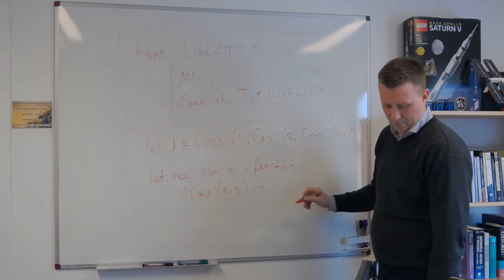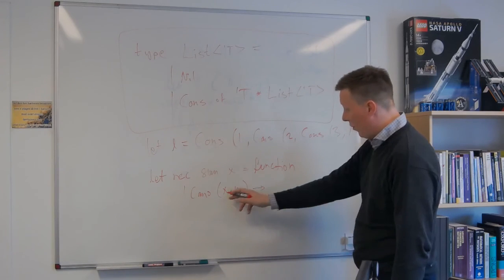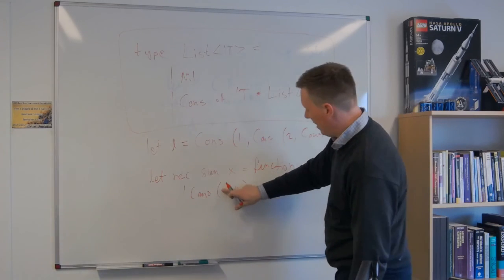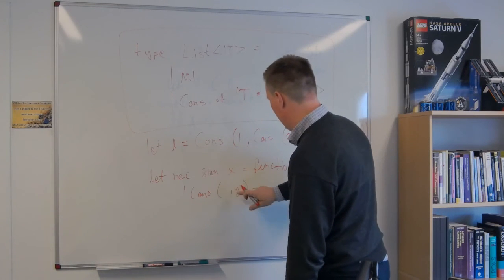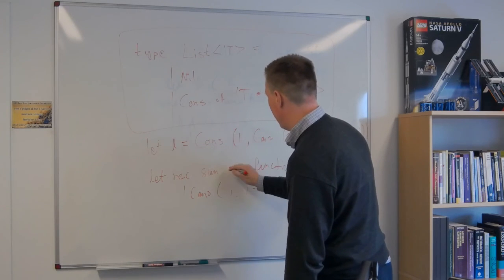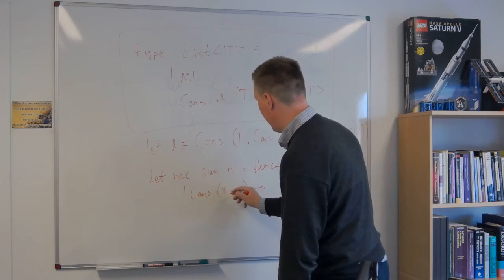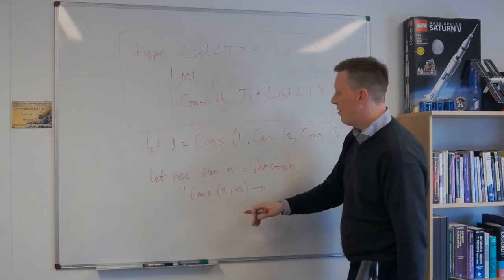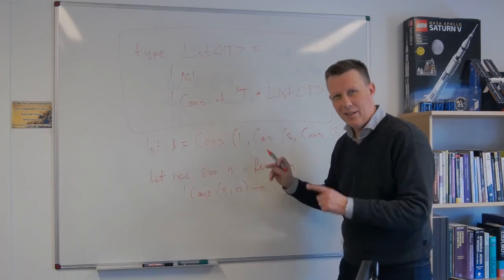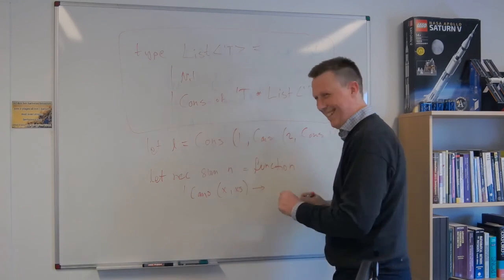So if it's a cons, we know that we have an x, or maybe should call this something else. Yeah, okay. I call this n instead. So I call this x and this xs. So this is a very common way of calling list x and the xs. Yeah, get it? xs. Huh? Yes.